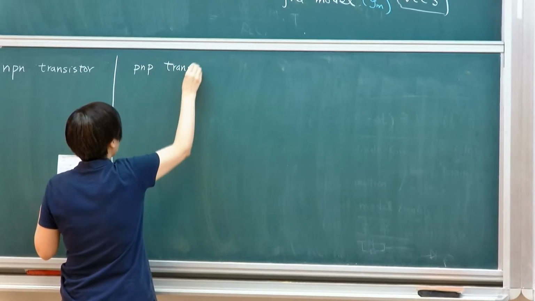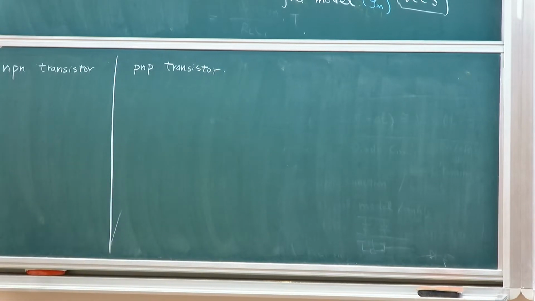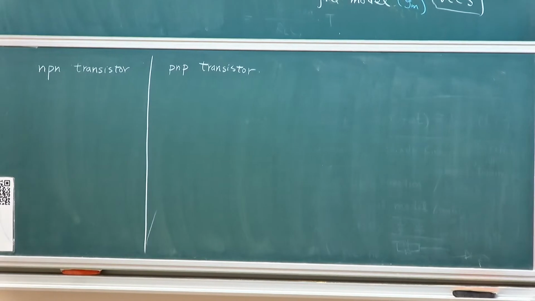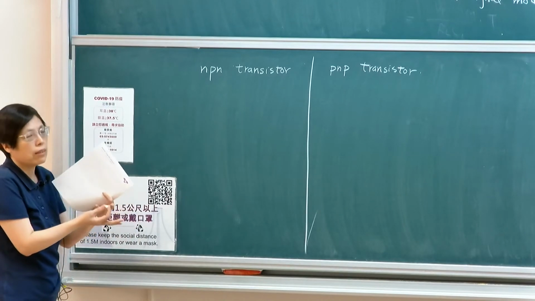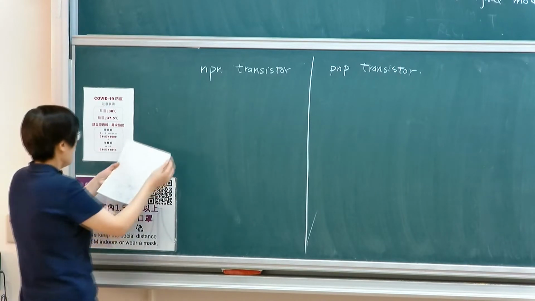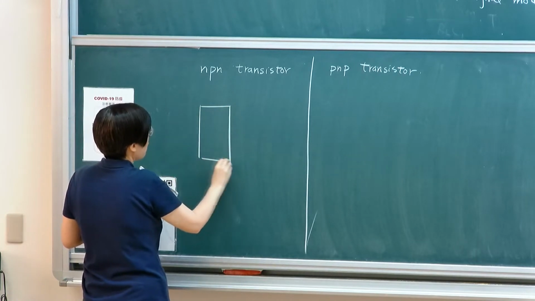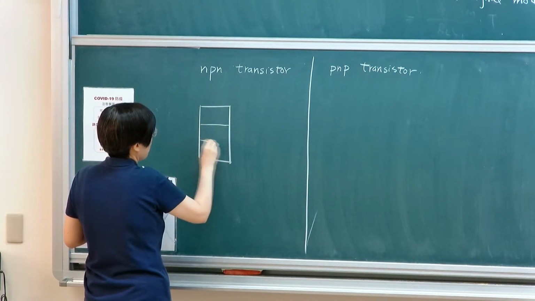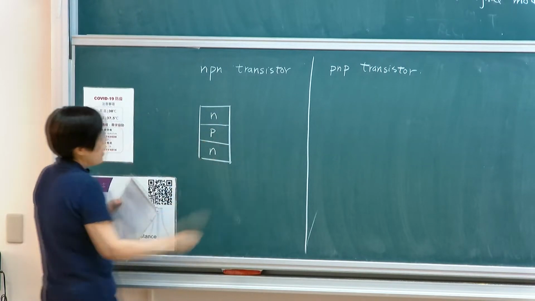So there are actually two types of transistors that depend on how you stack them. It's like a sandwich. NPN simply says that you stack the P with two slices of N, right? So your bread is N, and the meat is P. So it will be something like this. You think about it as a sandwich. So this is an NPN transistor.